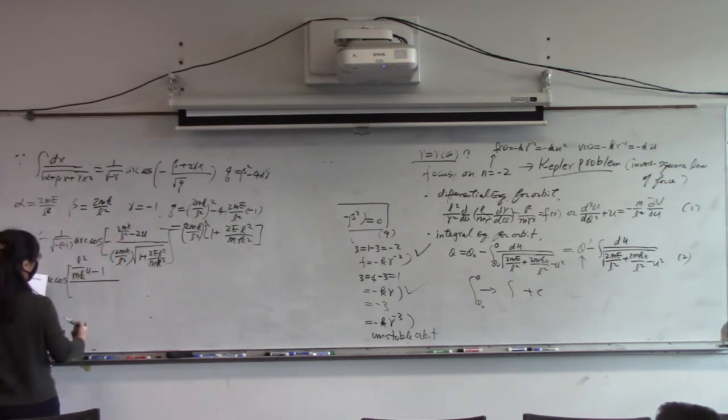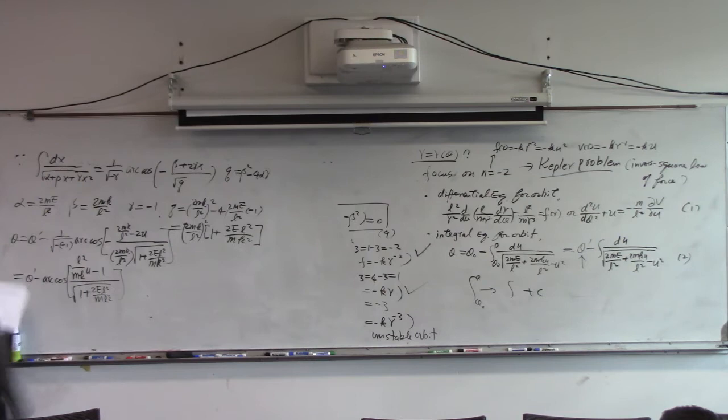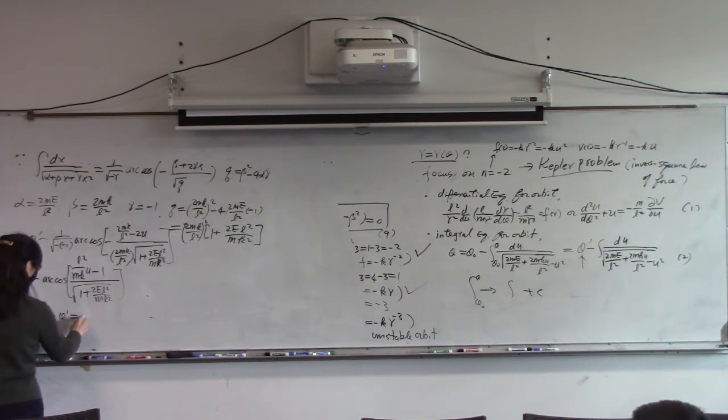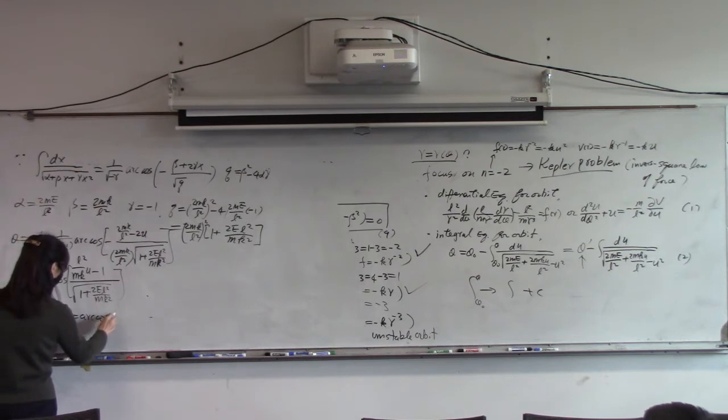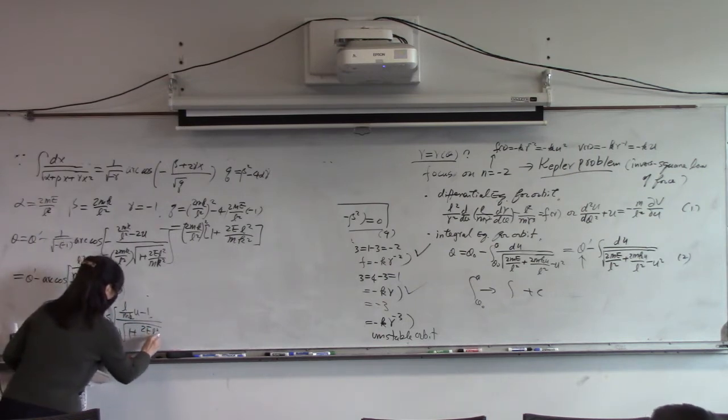This cancels. And the denominator is 1 plus 2E L squared over mk squared. That's all. Very good. Right, so now it's a function of theta, and theta minus theta prime is the arc cosine of L squared over mk u minus 1, over the square root of 1 plus 2E L squared over mk squared.